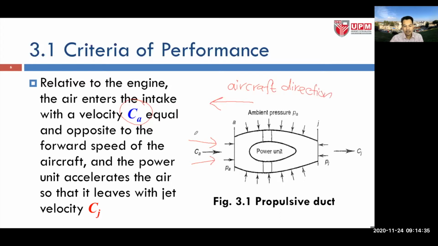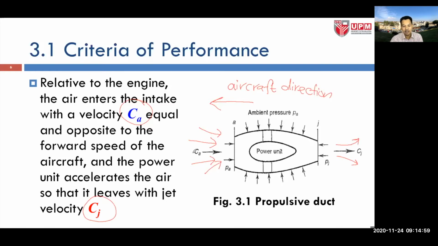The air goes into the propulsive duct in the opposite direction. The power unit accelerates the air so that it leaves with the jet velocity of Cj. So we have the air coming out of the propulsive duct, which is denoted by Cj.